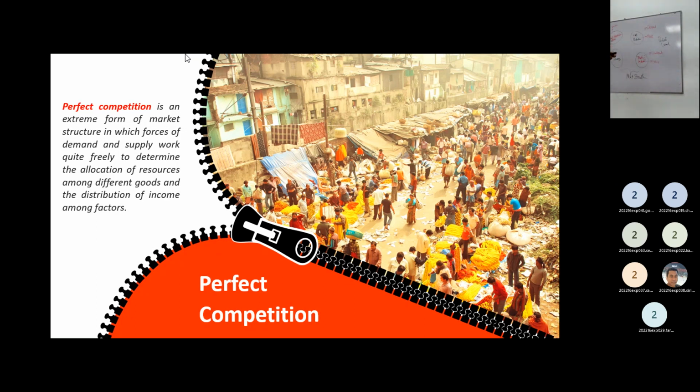Once you look at this particular picture, what are the things that you can say? Look at these elements.